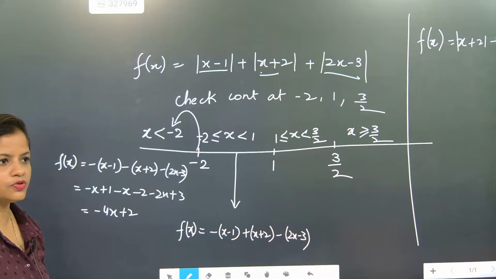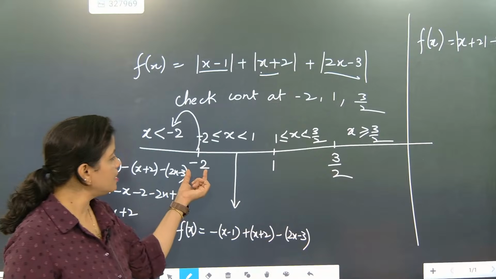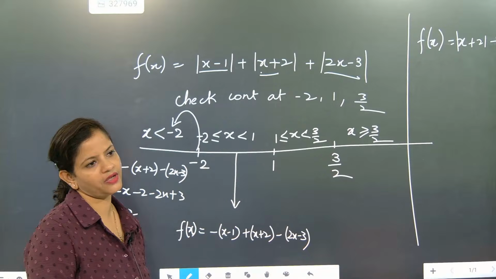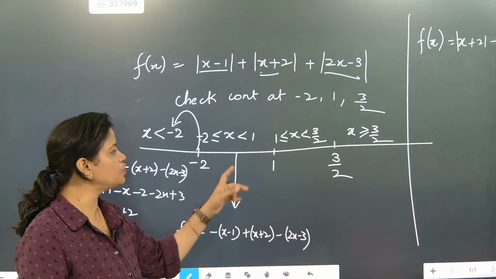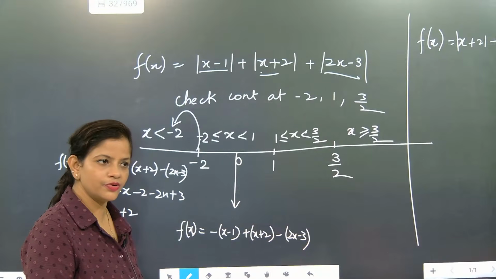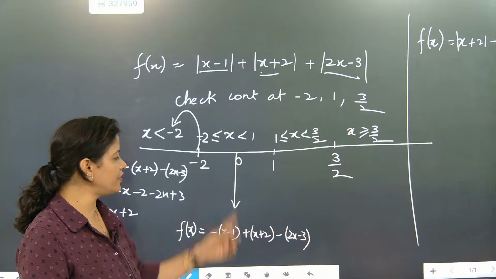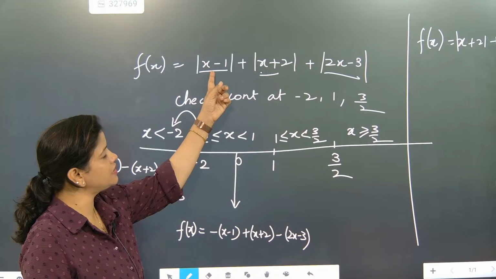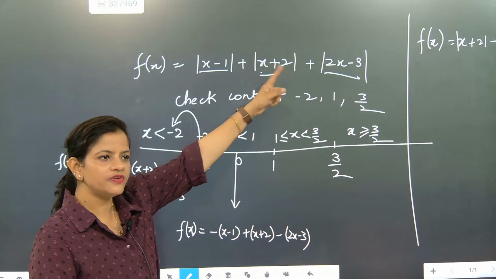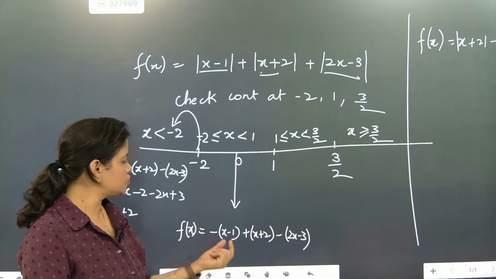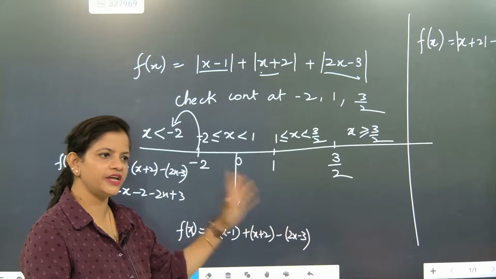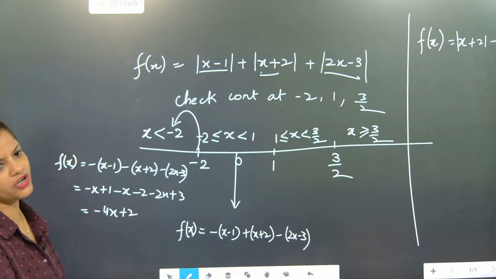Did you understand how to solve it? Still not understood? Any value between minus 2 to 1 you have to take. Put 0, correct? So when putting 0, this comes positive, this comes negative. So outside negative, positive and negative you put, open the bracket, the function is ready.